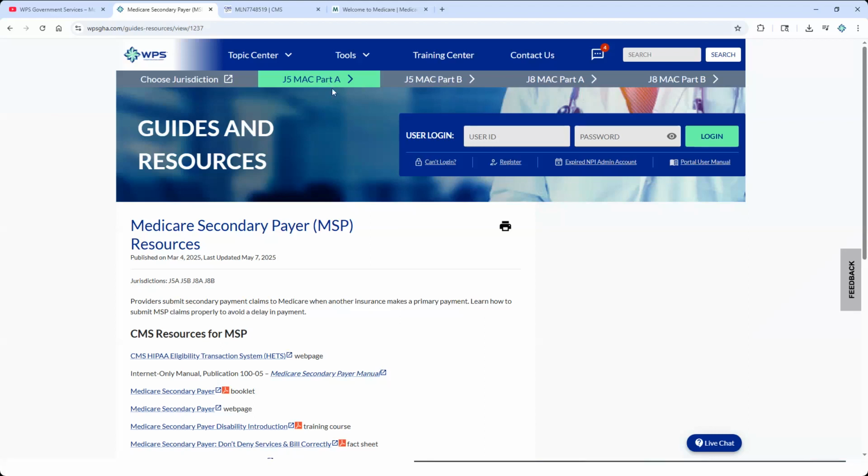In terms of J5 and J8, what we are looking for is J5: Iowa, Kansas, Missouri, Nebraska, or the national contract. J8: Indiana and Michigan. I was asked specifically, this person is actually in Ohio.